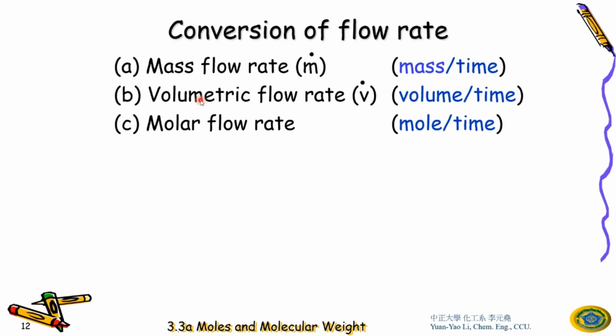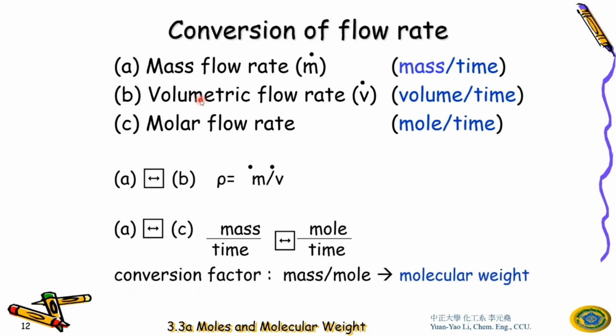If I give you the volumetric flow rate and I ask you the molar flow rate, then you just do two types of conversion. One is using the conversion factor of density and the other is molecular weight. You get the answer, right? Easy. So I just don't want to waste your time.